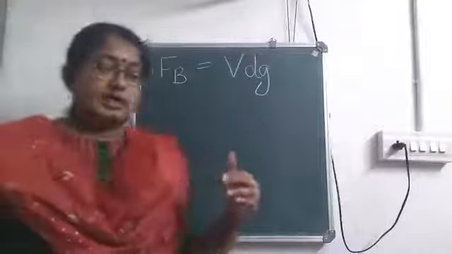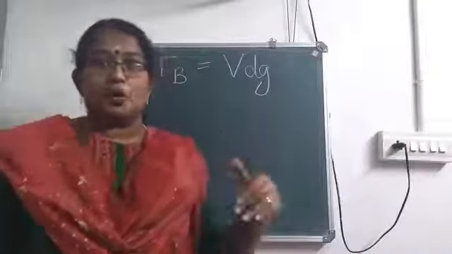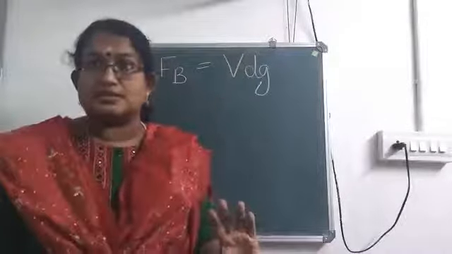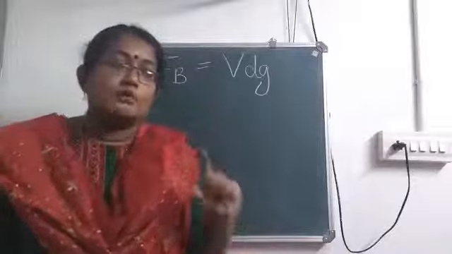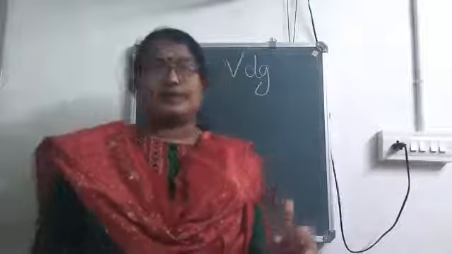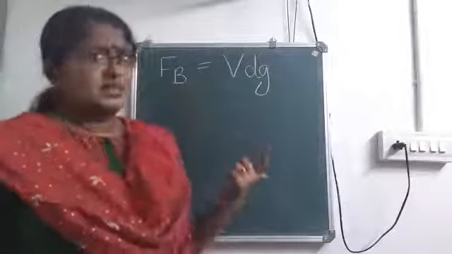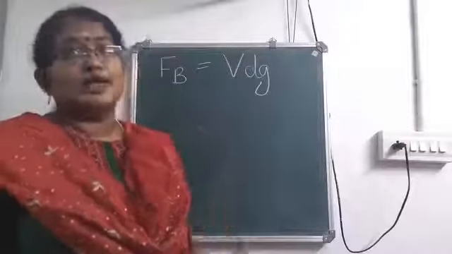If you are considering a body floating with some part of the body underwater and some part above it, here V stands for only the volume of the body which is immersed in the liquid. Now, D. What is D? Density. This is the density of the liquid.